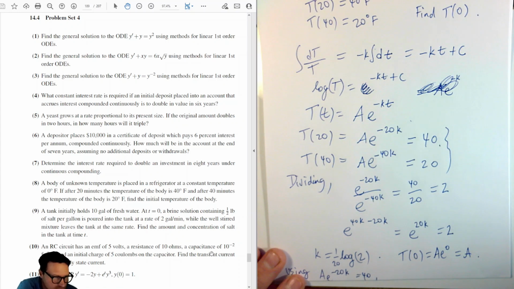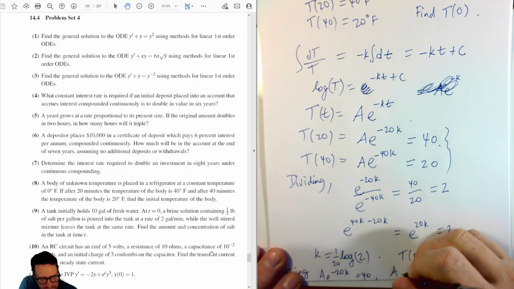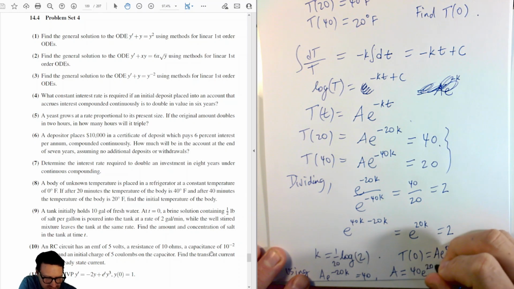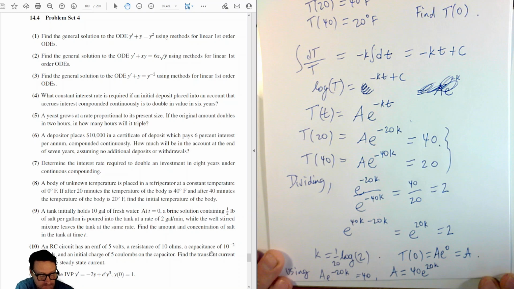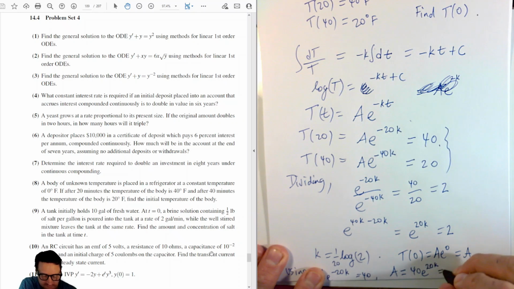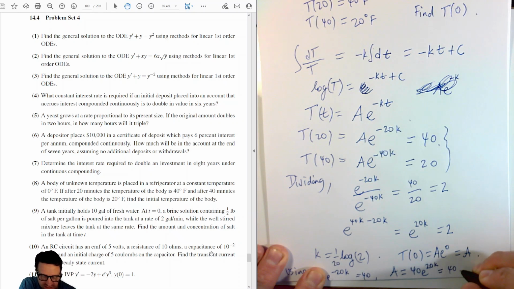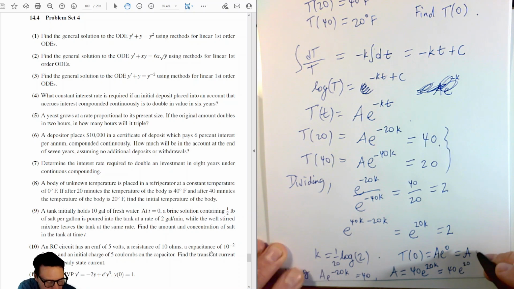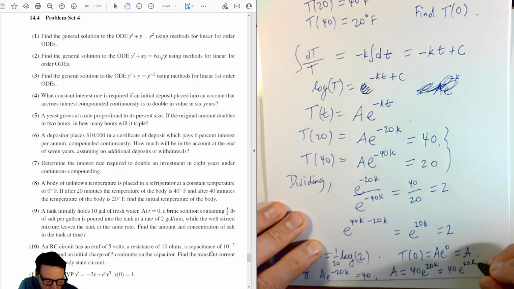What we find then is that A is equal to 40 e to the 20k, and so this is 40 times e to the 20 times the natural log of 2 divided by 20.